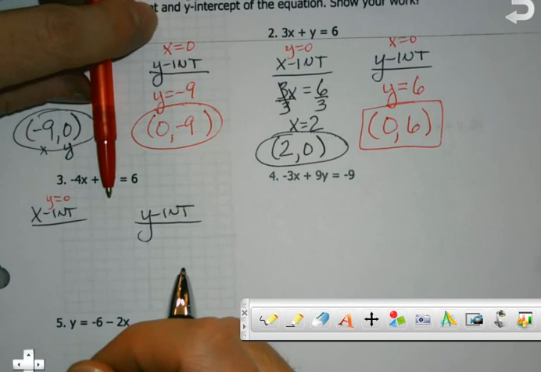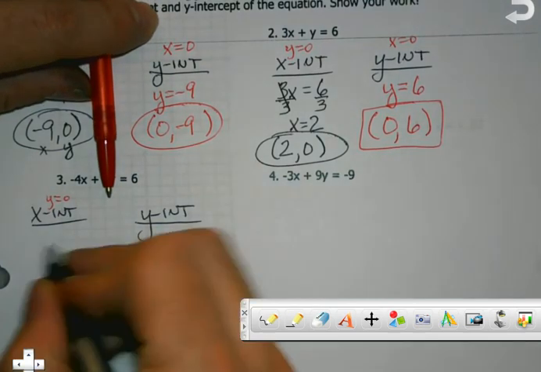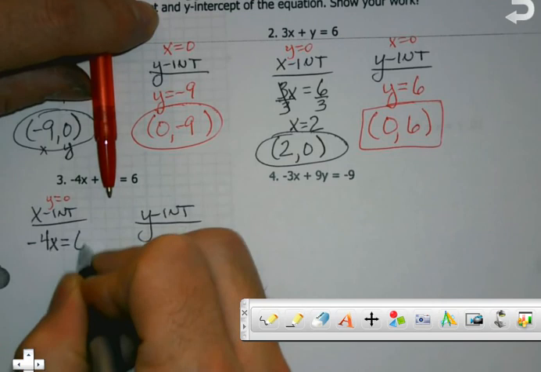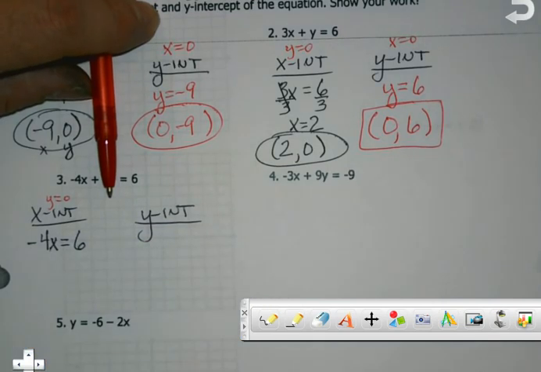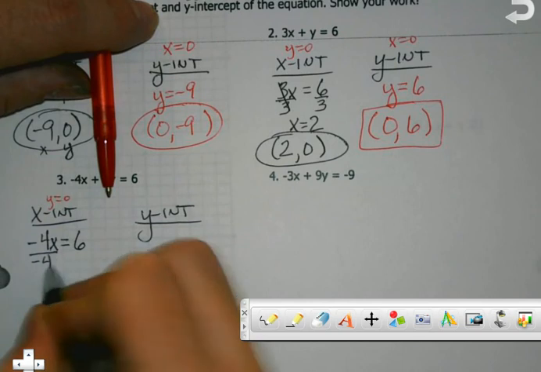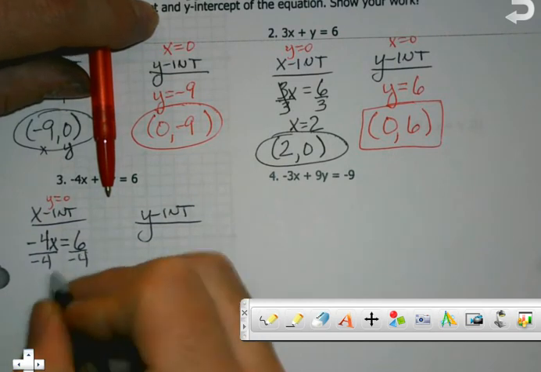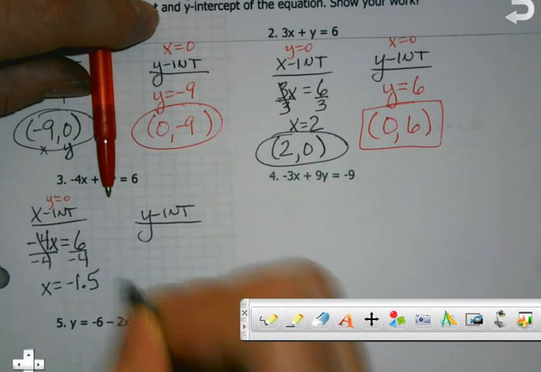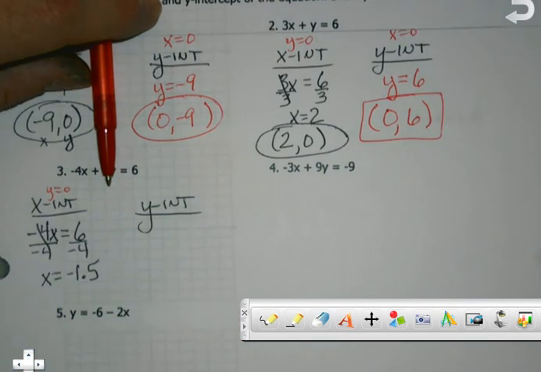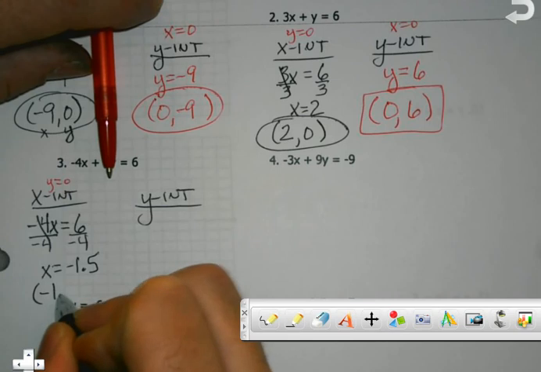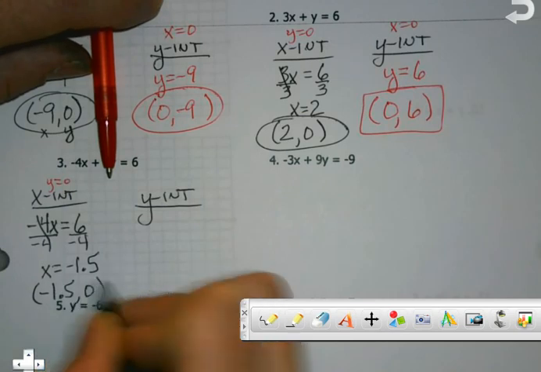So I cover up the y. I write what I see, which is -4x on the left equals 6. And my last step with these is always going to be to divide. And if you get a decimal, that's okay. So -1.5 in this case. My value then is my x, comma, y.